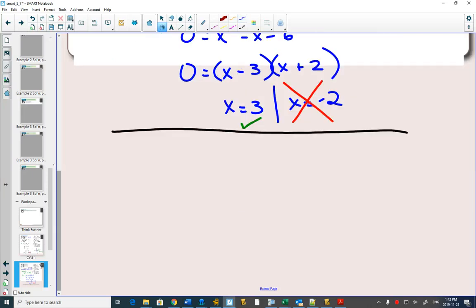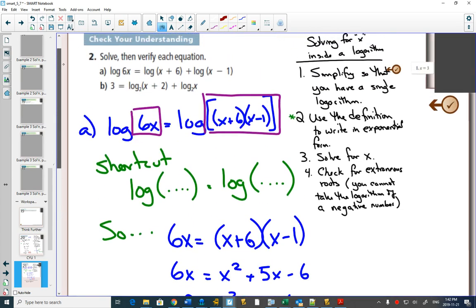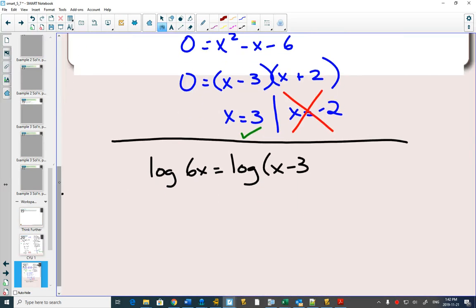If you didn't use the shortcut, so we had log 6x equals log, what was it originally? x plus 6. There's the original equation.